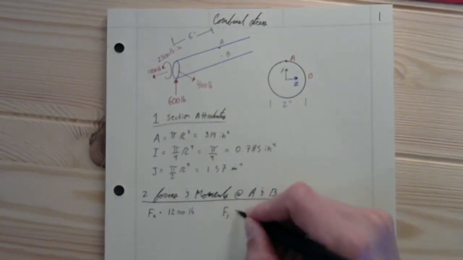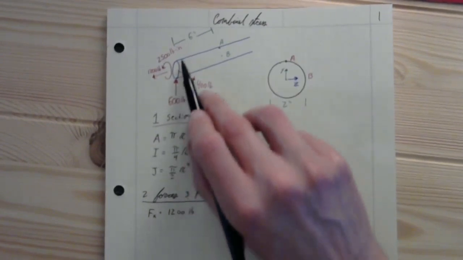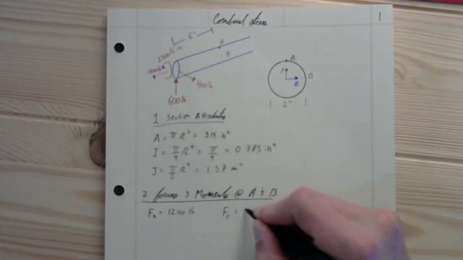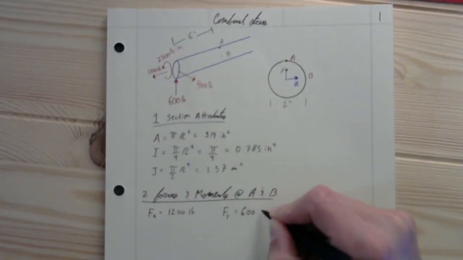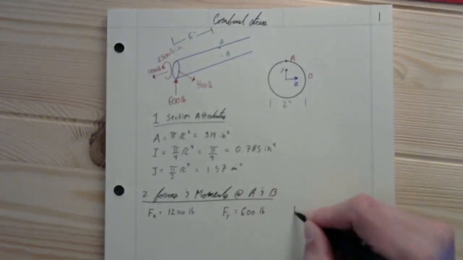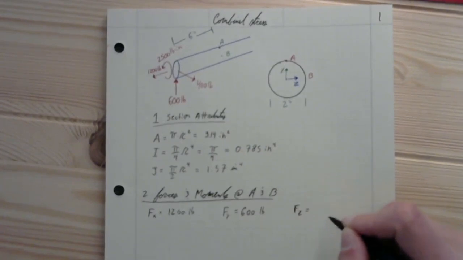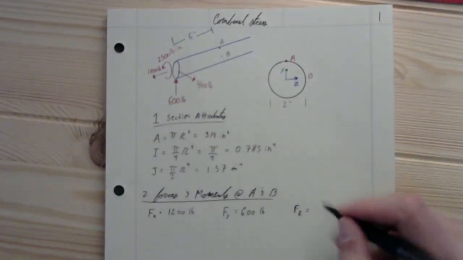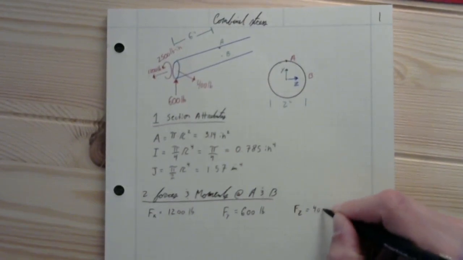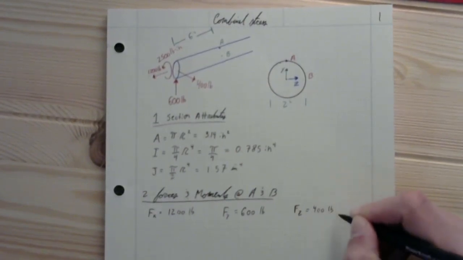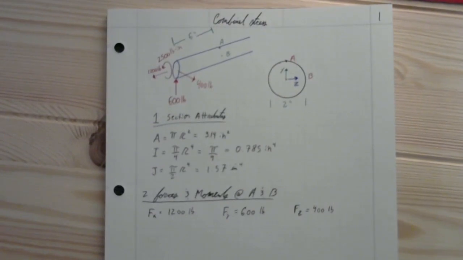That's going to be this 600 pounds right there. And then we'll have the force in the z direction. That's going to be this force right here, so 400 pounds in the z direction.